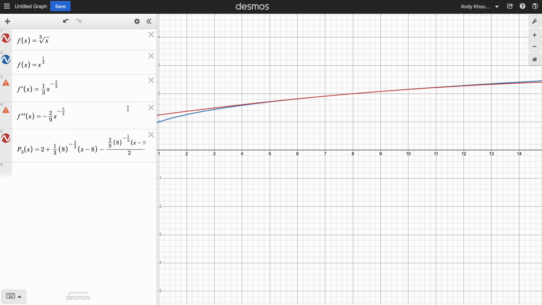Now, what we're going to do here is approximate 7. So what I'm going to do here is do f of 7. Let me do g, because, oops, what's going on?